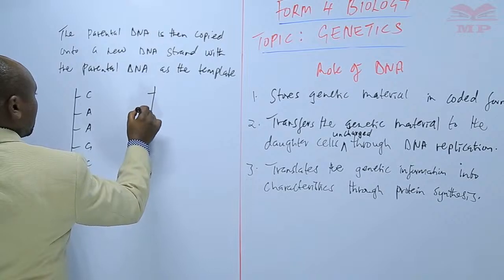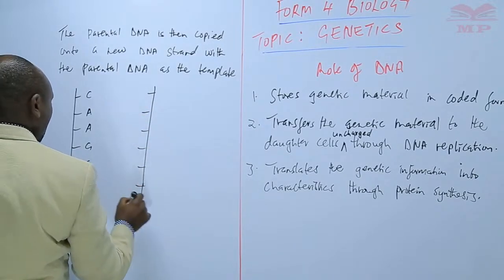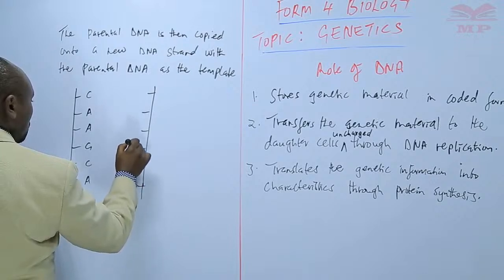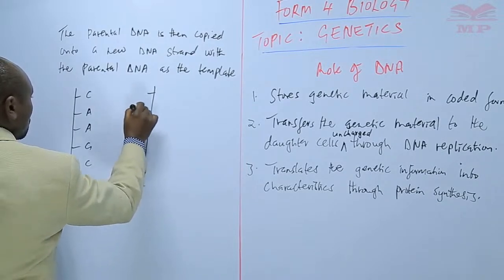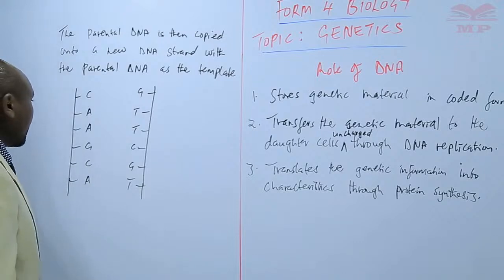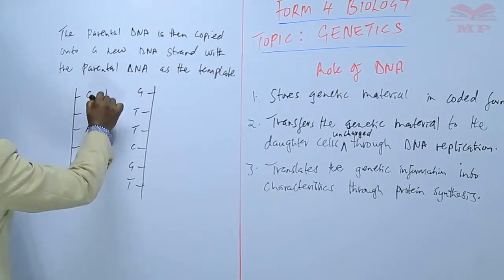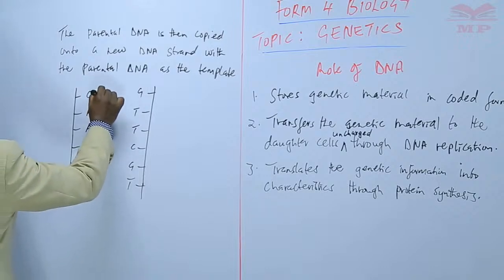So the corresponding pair will be as follows: T, G, C, T, T, G. So that is the way it looks initially. So we are saying that a new DNA strand forms on each of the parental strands. So a new strand will form here.